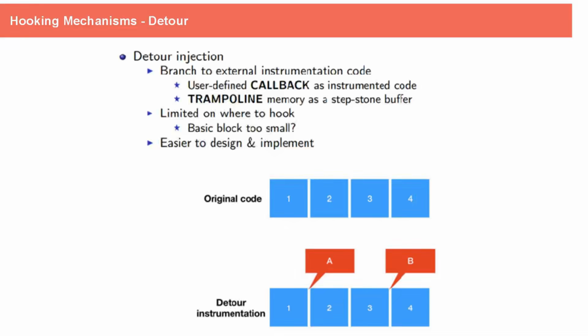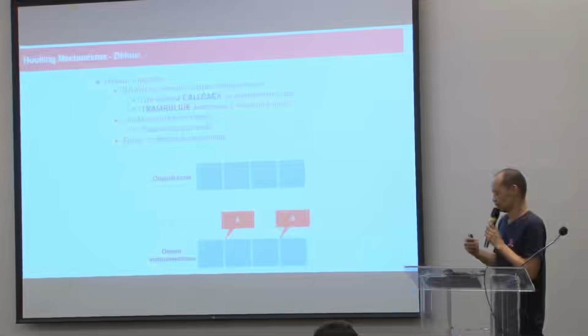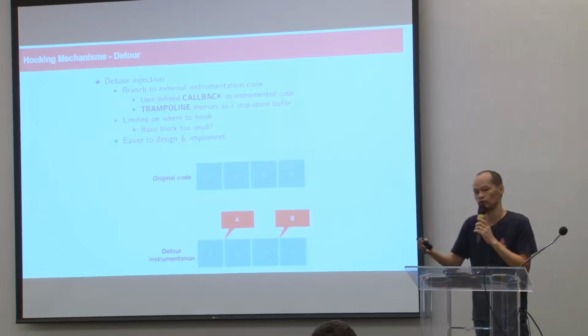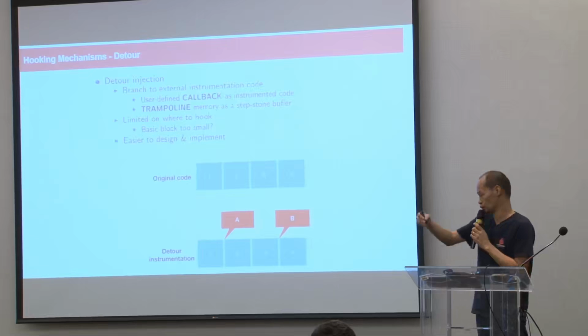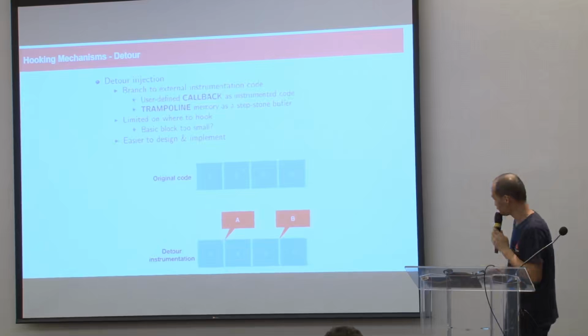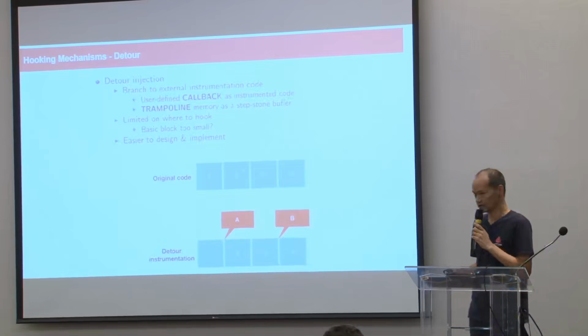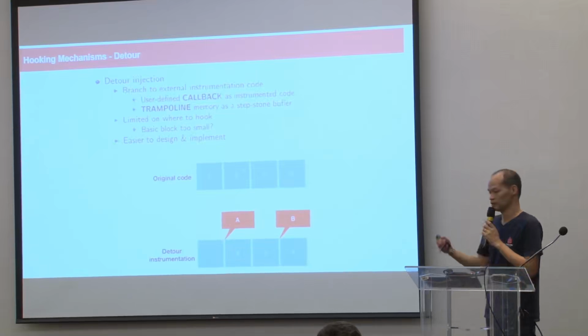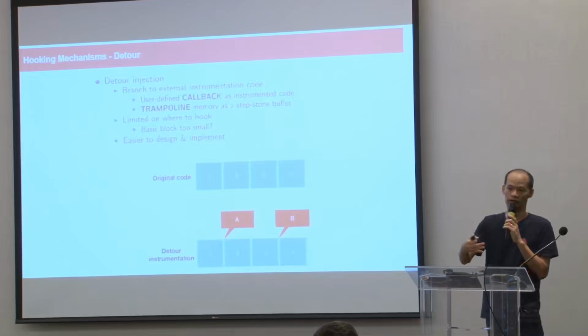And for this detour technique, we need to use some intermediate, temporary buffer to put our instrumented code inside. This kind of buffer is called a trampoline memory buffer. Compared to the inline instrumentation technique, the detour technique is limited because there are some places you cannot instrument using this technique.